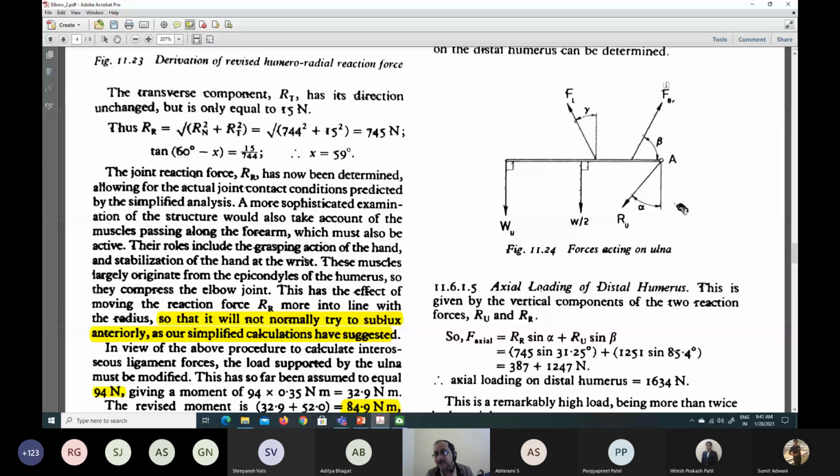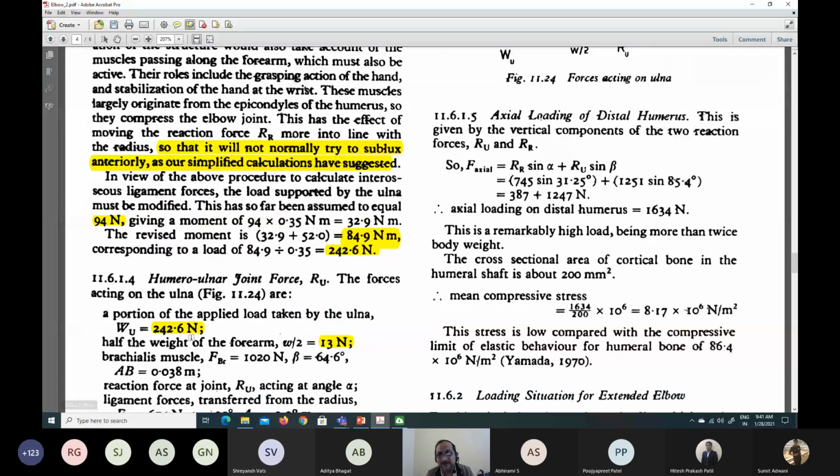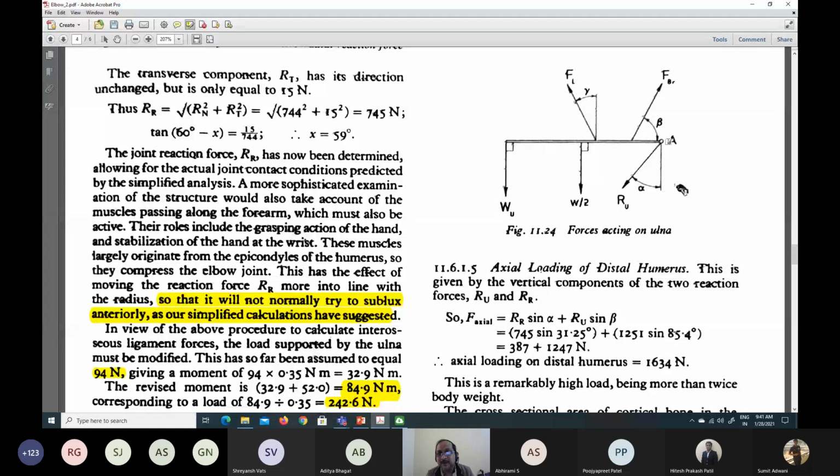We have the muscle force of the brachialis muscle, FBR, okay, which is 1020 Newton here. So orientation is given, and the RU, the humero-ulnar joint reaction force, is acting at an angle alpha, it is assumed.